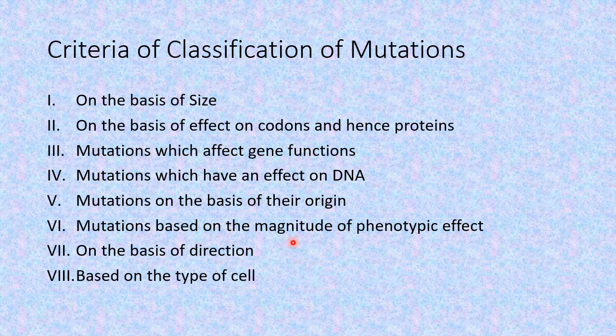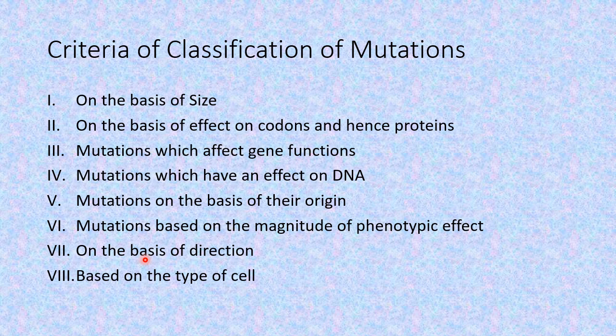Then, what is the magnitude of the phenotypic effect that is generated as a result of that sudden change in the nucleotide sequence? Because we know that it is basically this nucleotide sequence that via transcription forms messenger RNA, and that leads to the formation of proteins via translation, as we have already seen in the central dogma video.